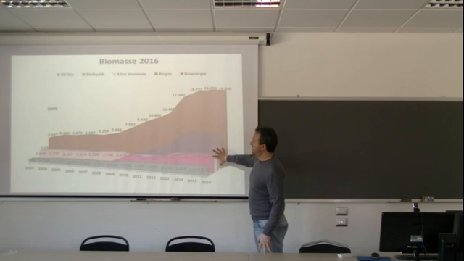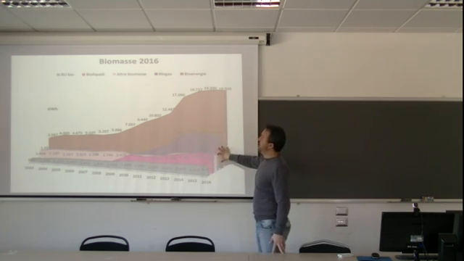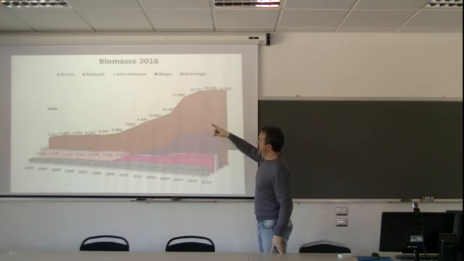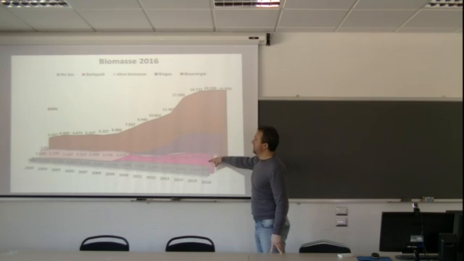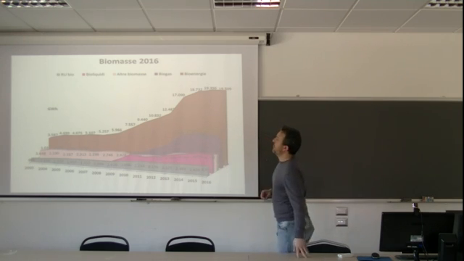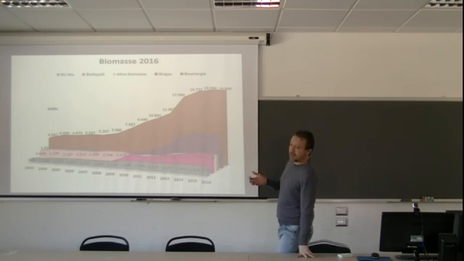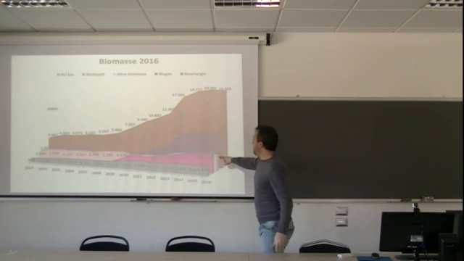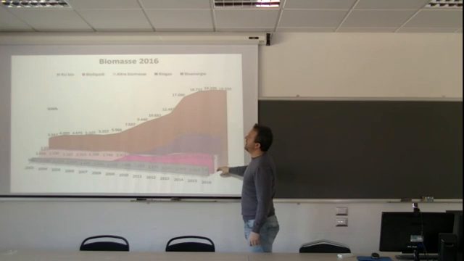Here you can see some typologies of biomass plant, because we have, for example, in dark violet biogas systems, in light violet bioliquids, so liquid biomass, and other biomass in pink.